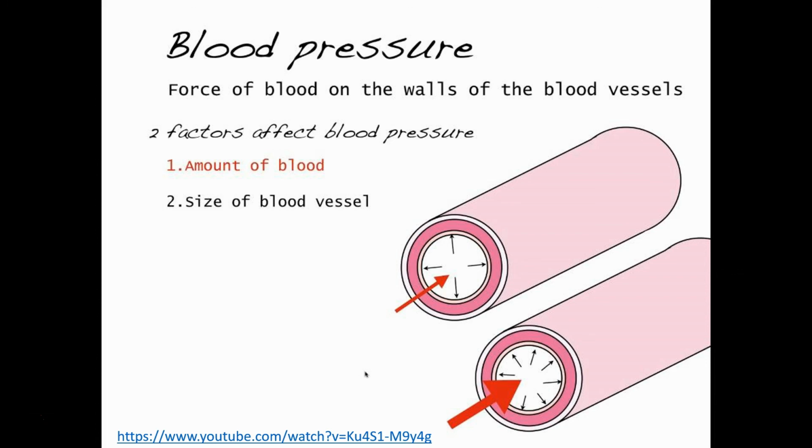So while we talk about the amount of blood, we also have to talk about how much blood is being pushed out in each beat. While we talked about cardiac output a little while ago, we're also dealing with stroke volume, how much blood is actually being pushed out. And we'll talk more about that a little bit later on when we get into more specific conditions, but just keep in mind that those are dealing with peripheral resistance.